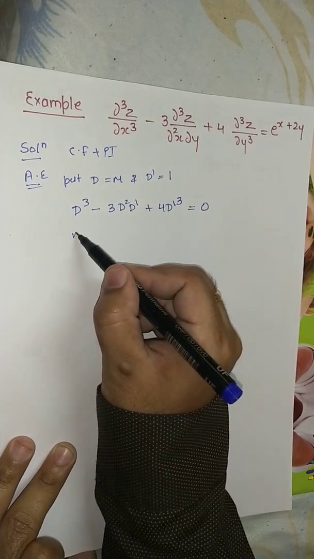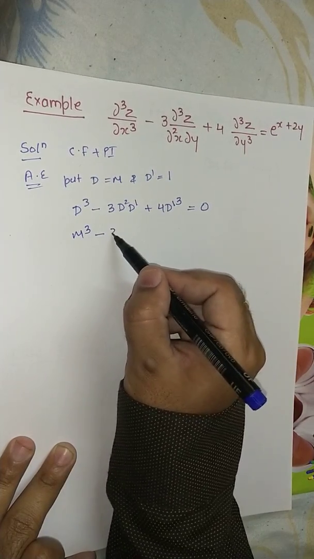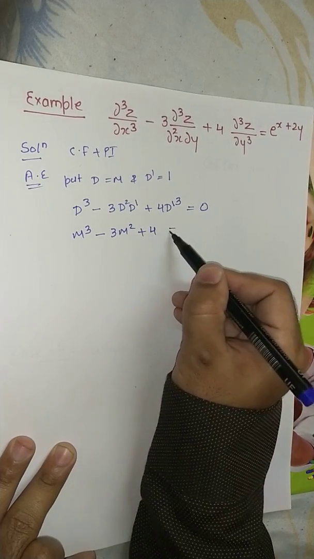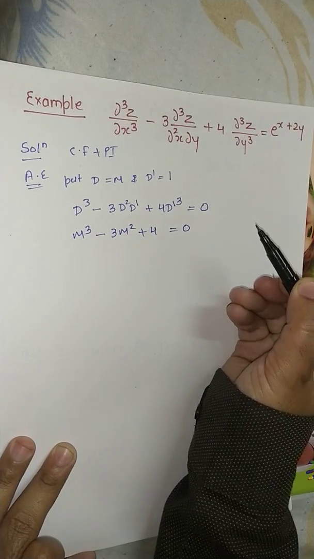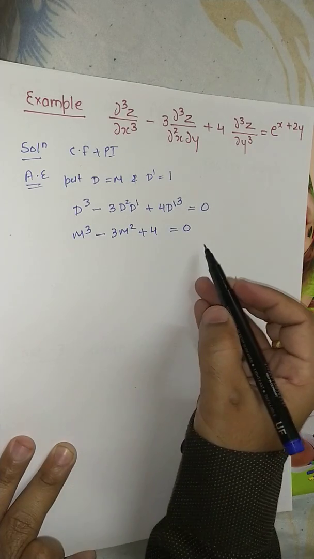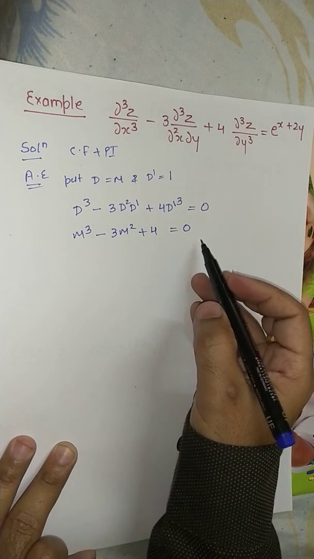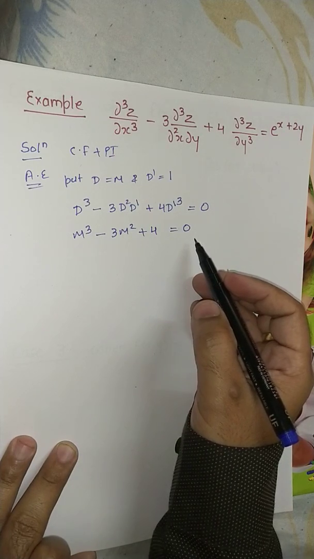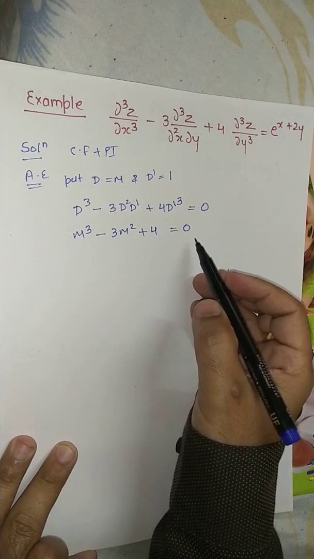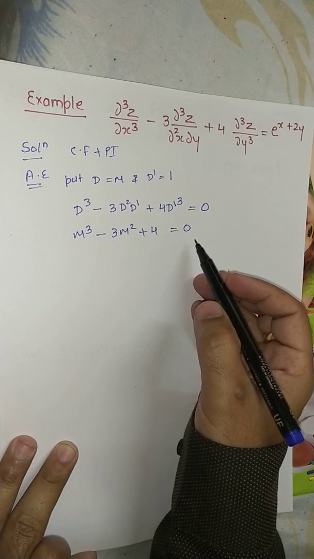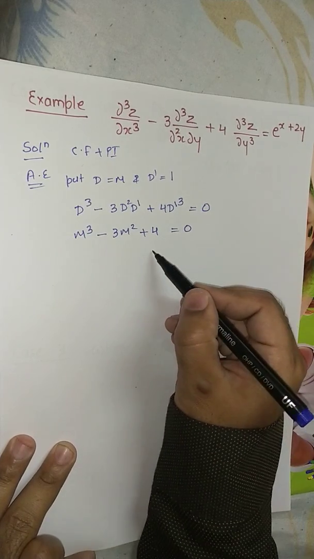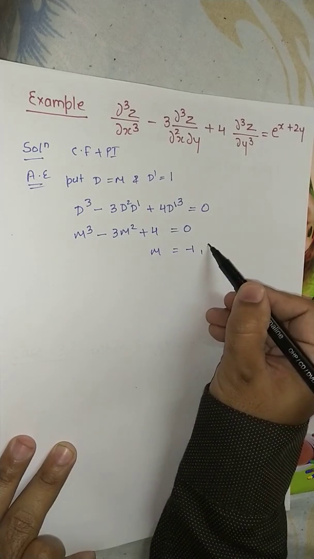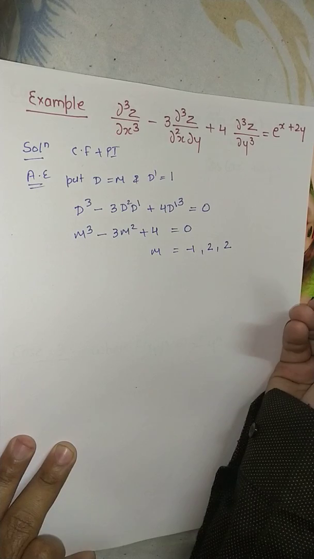So this will be m cube minus 3m square plus 4 is equal to 0. Now we can factorize this equation. On factorizing, we see that we have three roots, which are m is equal to minus 1, 2 and 2.